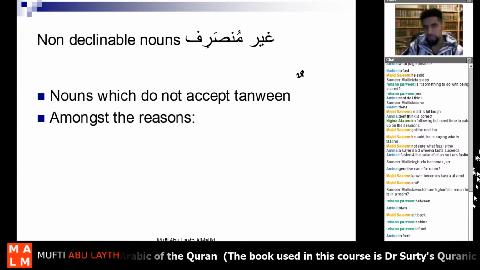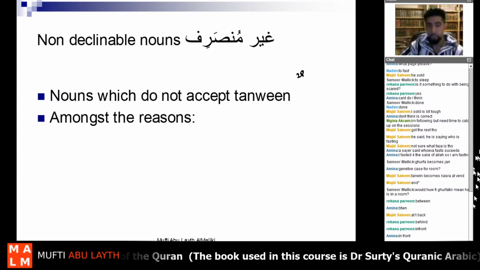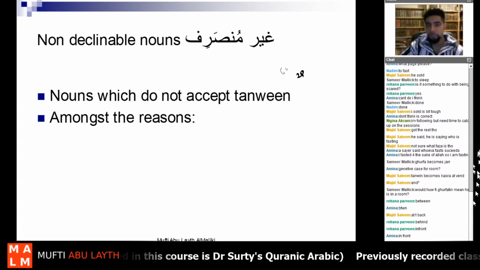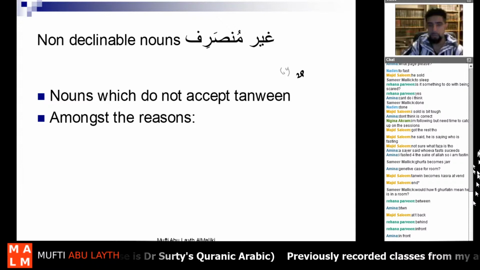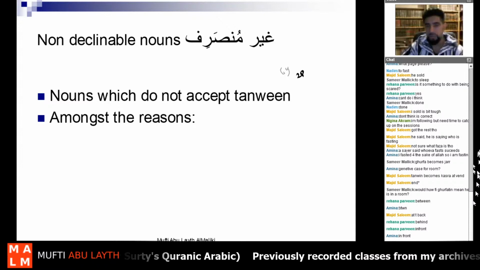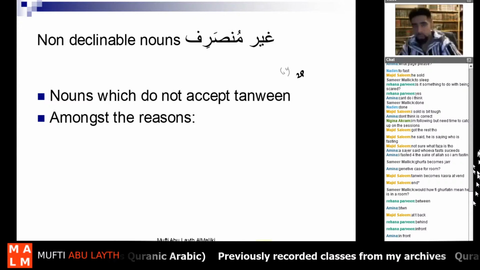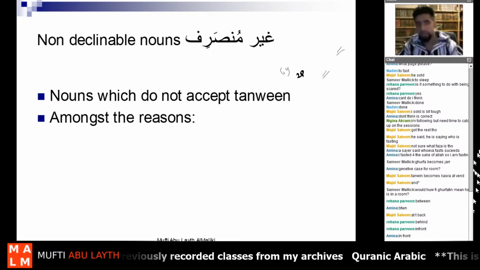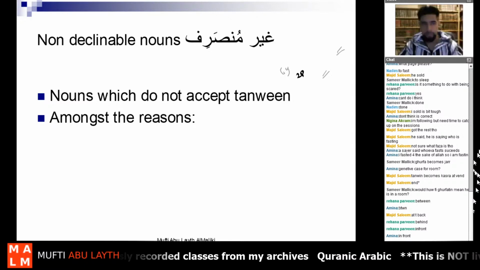Sometimes it's written almost like a 69, sometimes as a 99, and sometimes it's printed like this. That's the sound, whether it's an, un or in. Some nouns will not accept it, and they are known as غير منصرف in Arabic, or non-declinable nouns.